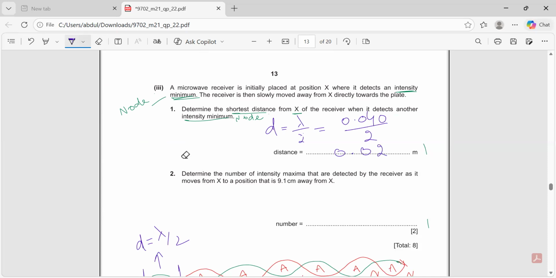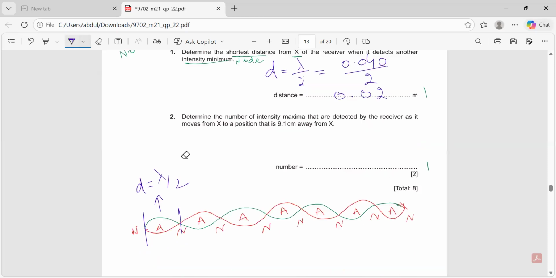Am I right? Is this okay? So the distance from one node to the next node will be lambda by 2. So in this way we can get it. So very simple, distance from one node to the next node is lambda by 2.